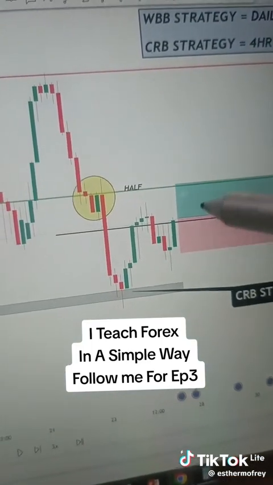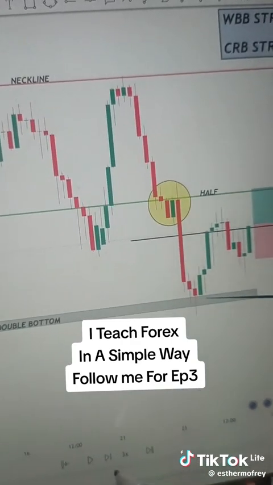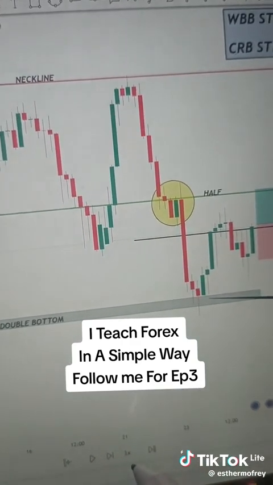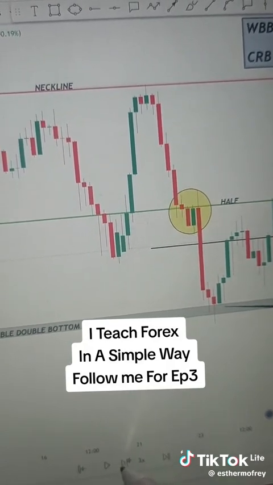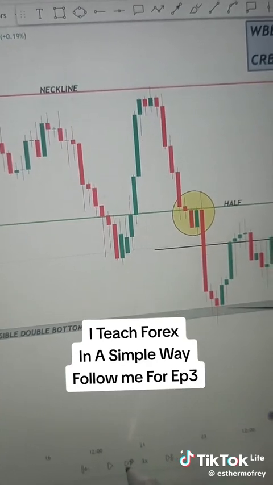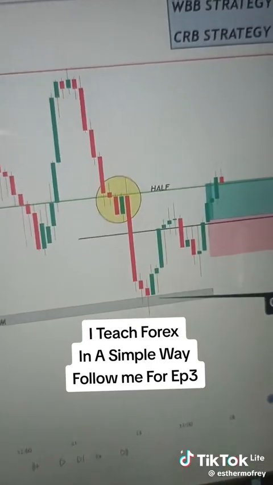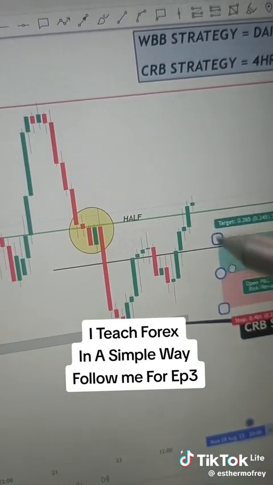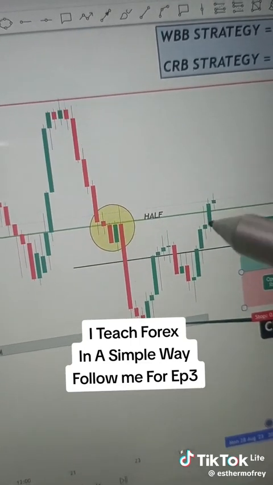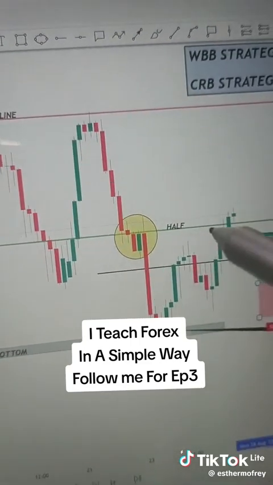So I have marked my zone. Let's see if the 40 pips were hit. So you can see the market hit 40 pips, but what did the market do? It broke our half. Remember in the other example, the market never broke this half.